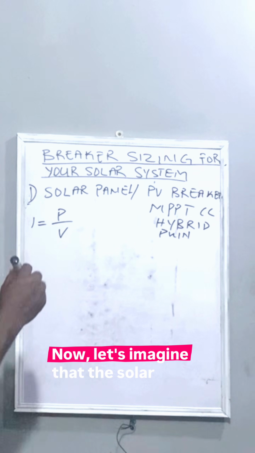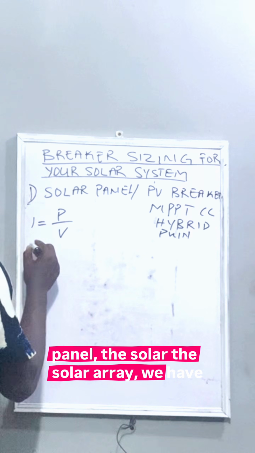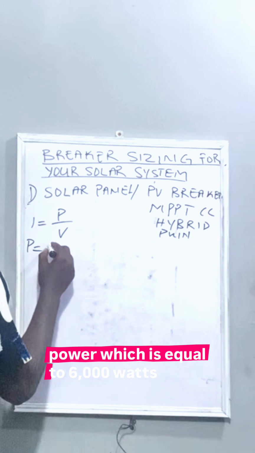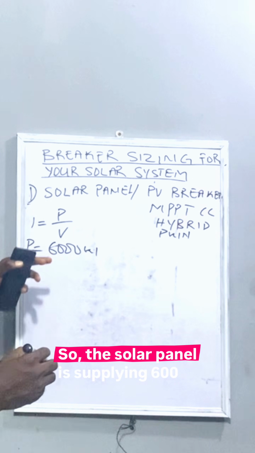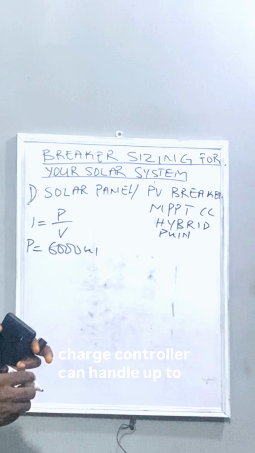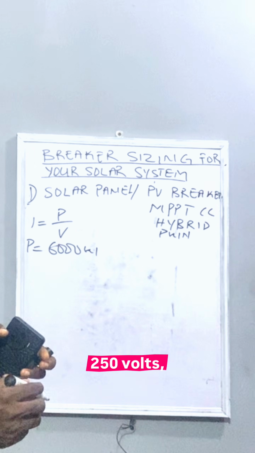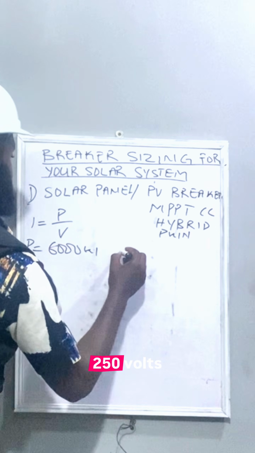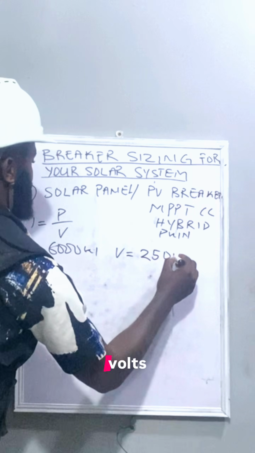Now let's imagine that the solar array has power equal to 6,000 watts. So the solar panel is supplying 6,000 watts, and let's say the MPPT charge controller can handle up to 250 volts. So we say the system voltage is 250 volts.